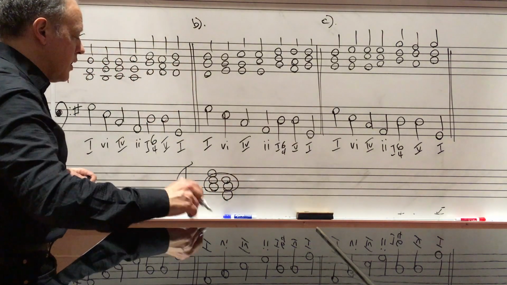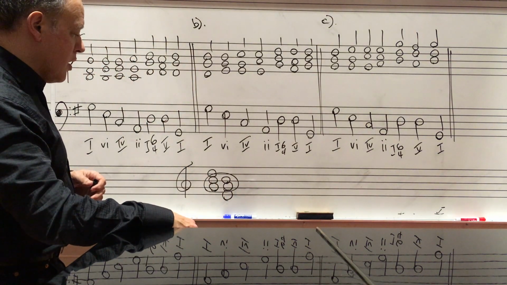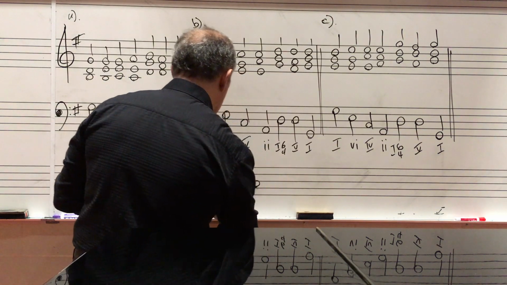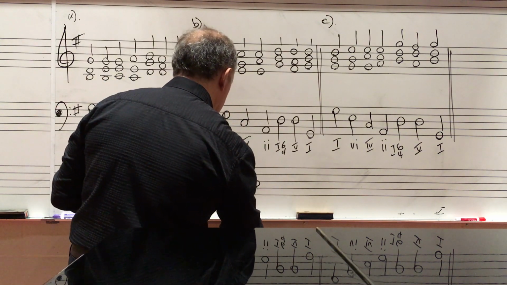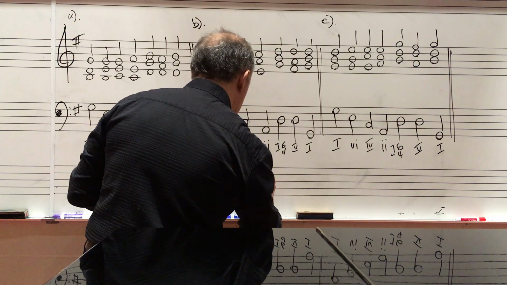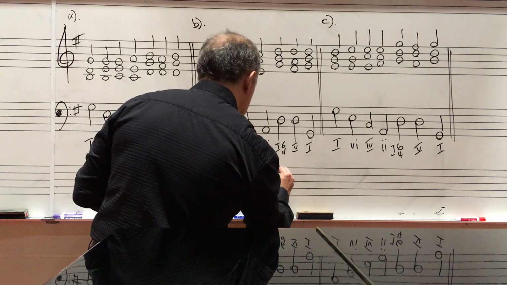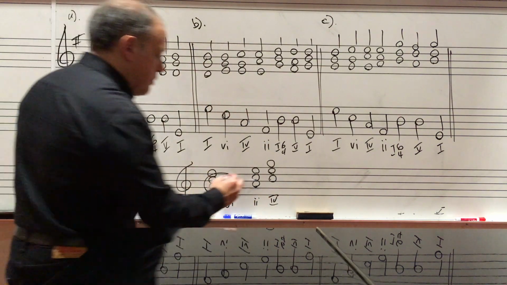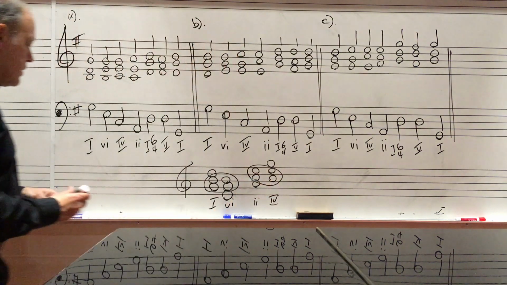So we have a lot of overlapping common tones, just like we would if we were dealing with chords. I'll just keep track of that, chords 1 and 6. Supertonic and subdominant. Also root progression by third apart, also double common tones.